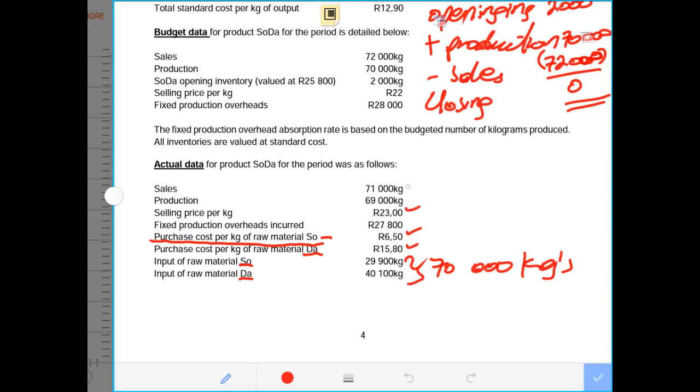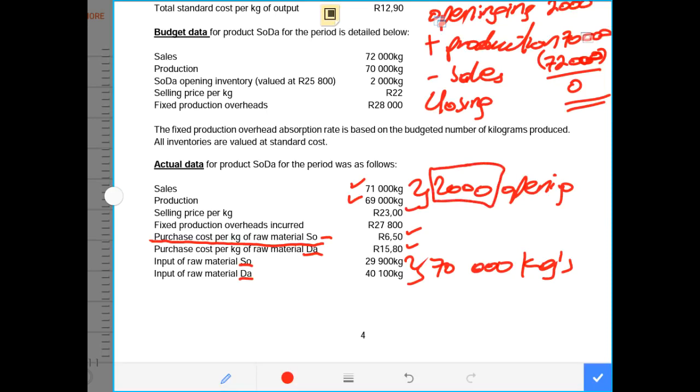And I said that if we have sales of 71,000 and production of 69,000, meaning 2,000 is our opening inventory, we need to ask ourselves at what cost this opening inventory will be calculated.